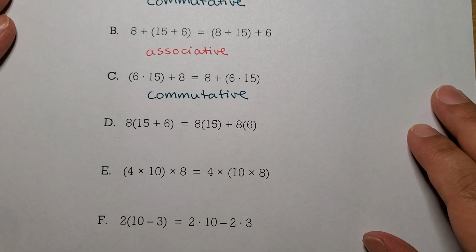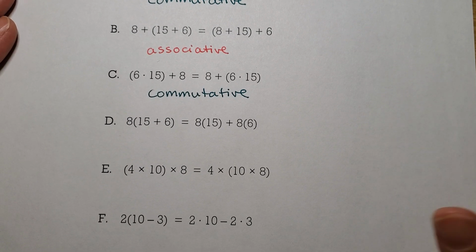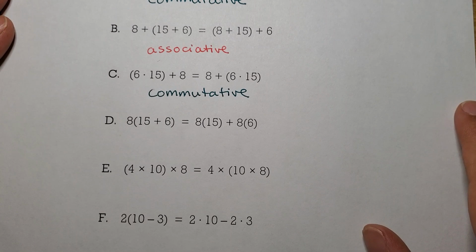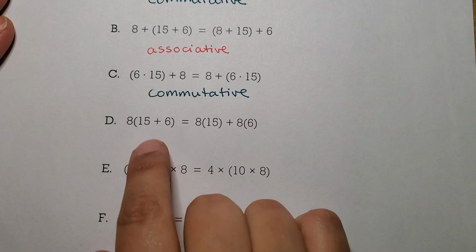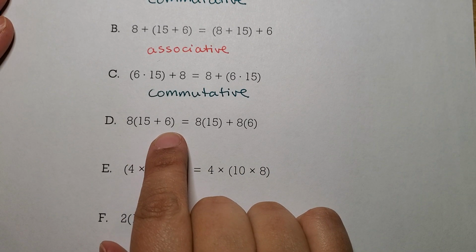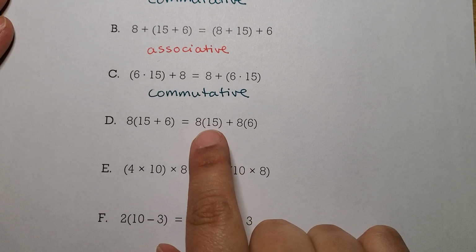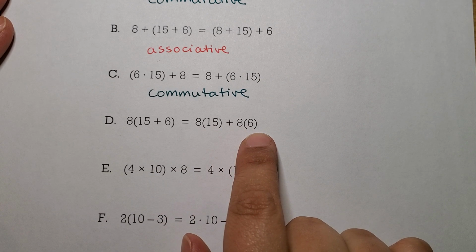All right, let's take a look at part D. Again, I have parentheses, but now we know we need to be a little careful when we see them. Can't just jump to associative. And in fact, this one looks kind of weird. So we have the 15 plus 6 together in the parentheses here. And on the right-hand side, we have just individual numbers.